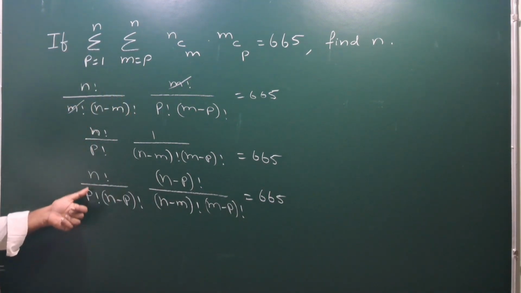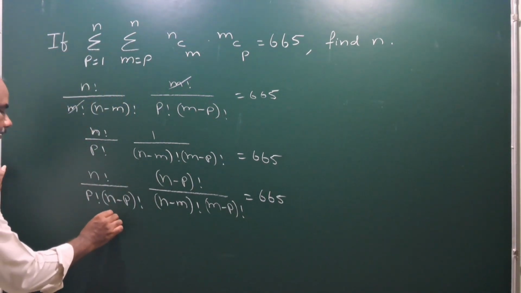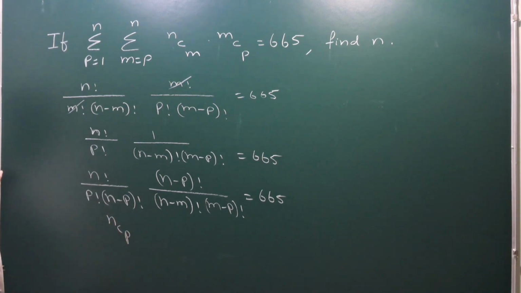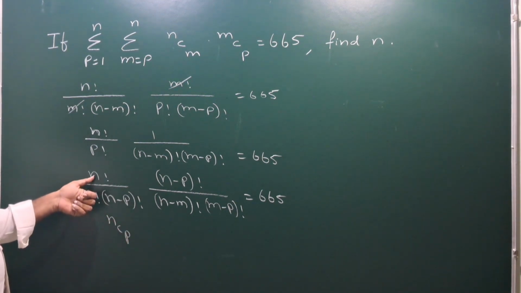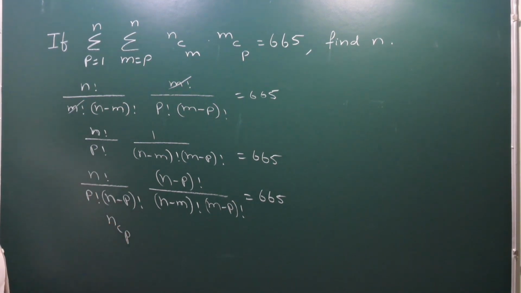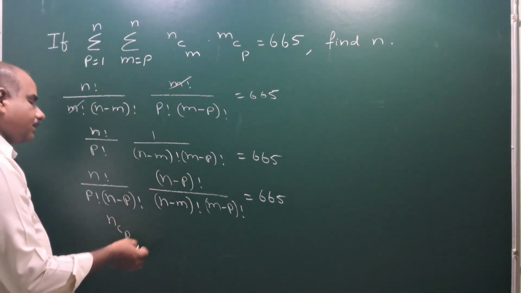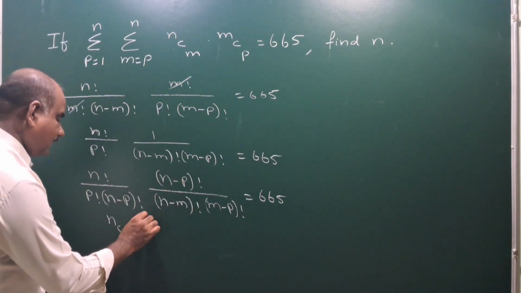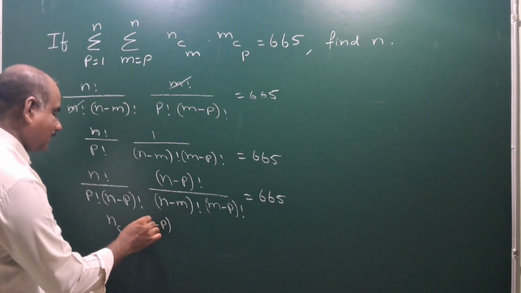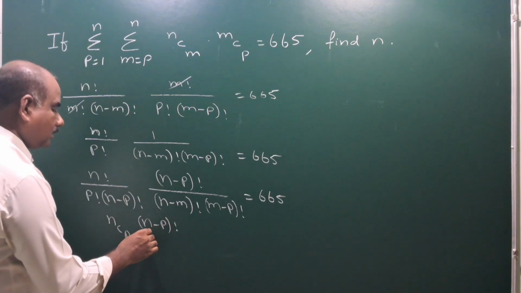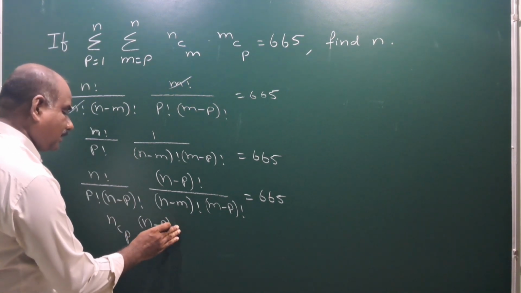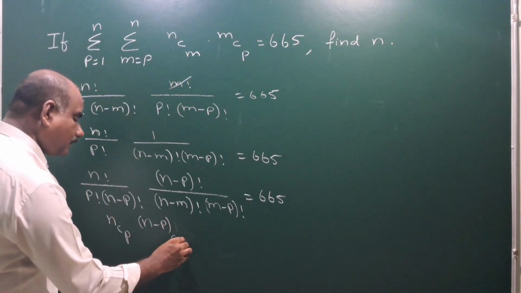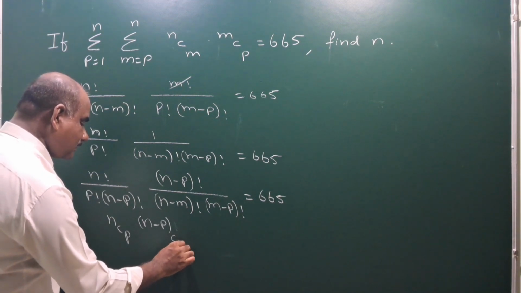And this one can be expressed as nCp. We know that nCp means n factorial by p factorial into n minus p factorial. Similarly, the second one can be expressed as n minus p C m minus p.